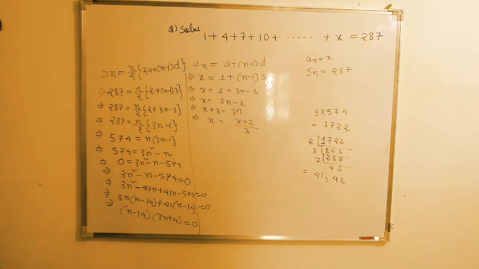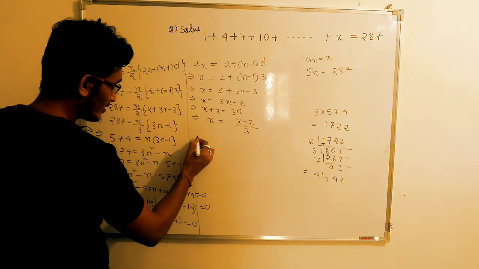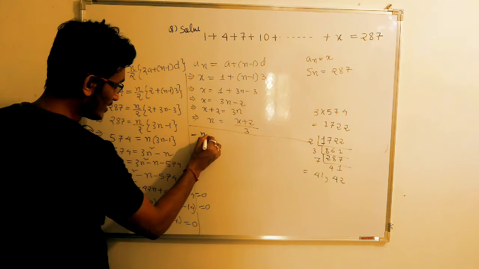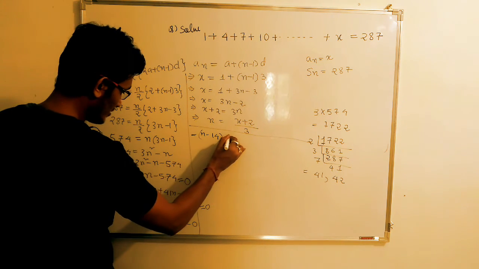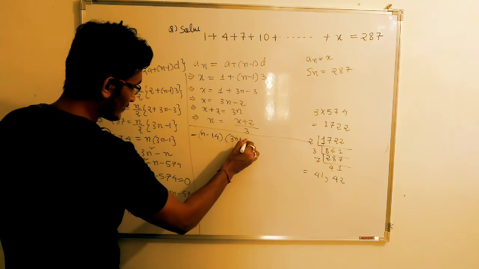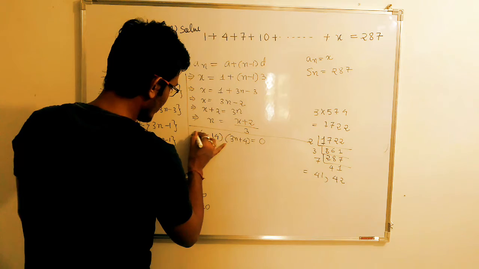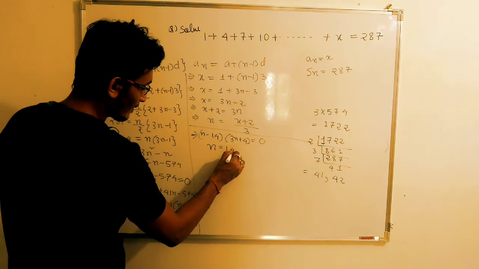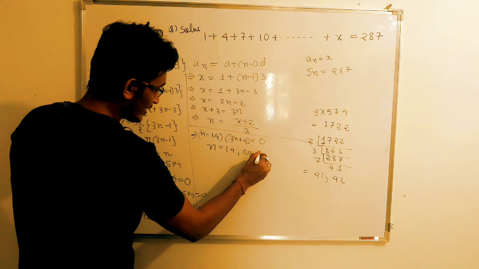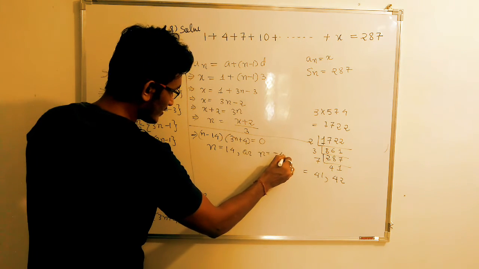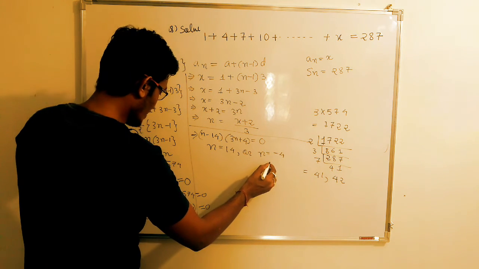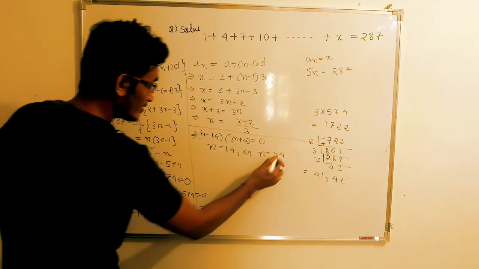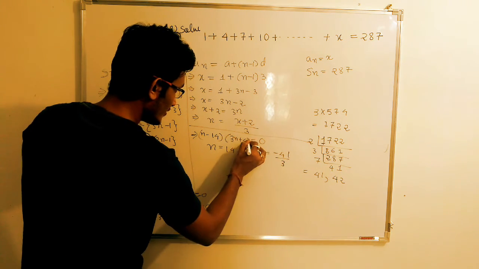So what is the last step? The last step equals n minus 14, 3n plus 41 equals 0. So this is the last step. So from here n equals 14 or n equals minus 41 by 3.